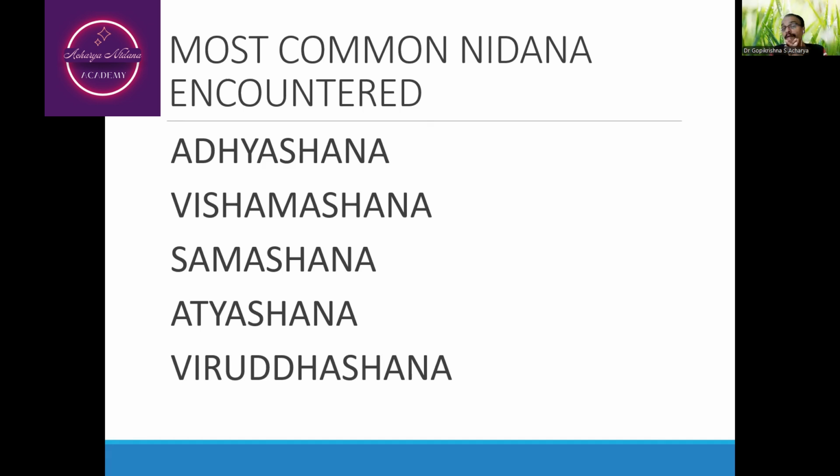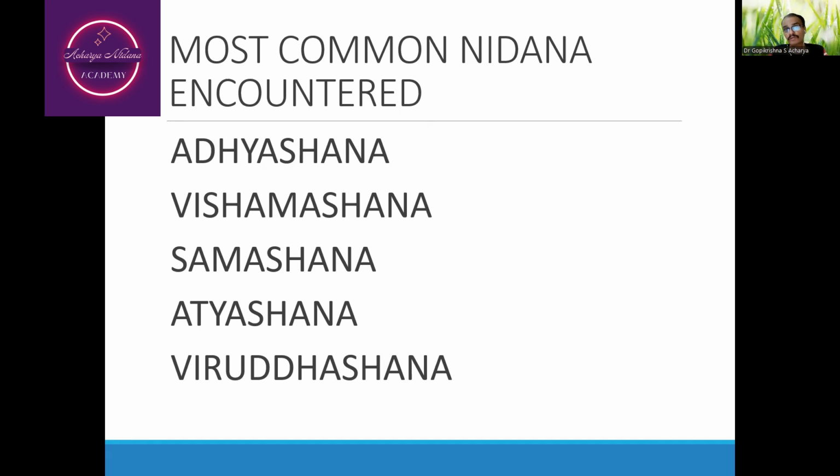In terms of timing, sometimes he takes the food too early, which acts just like Adhyashana, or sometimes he may take the food too late. This is specifically seen in people whose occupation is hoteliers.